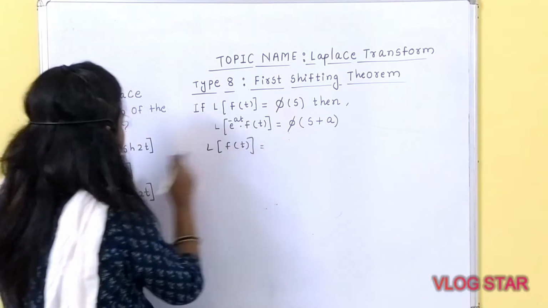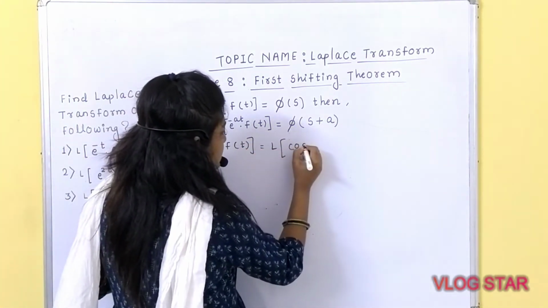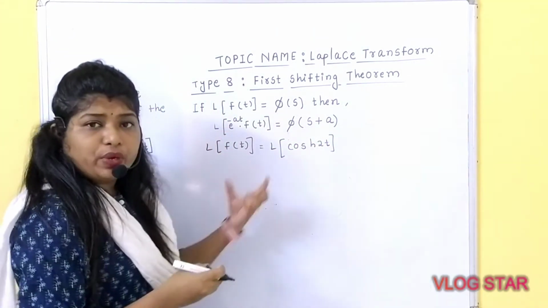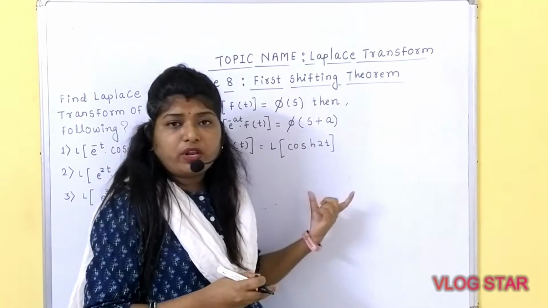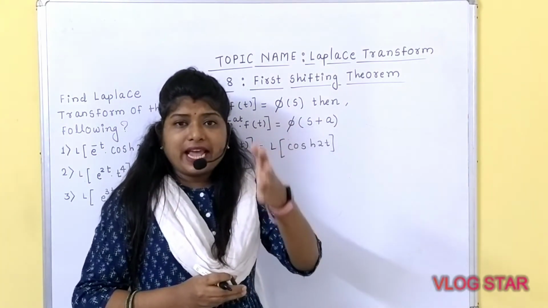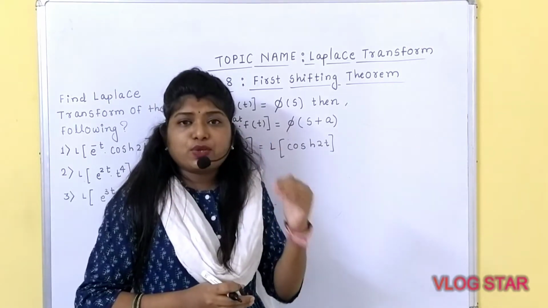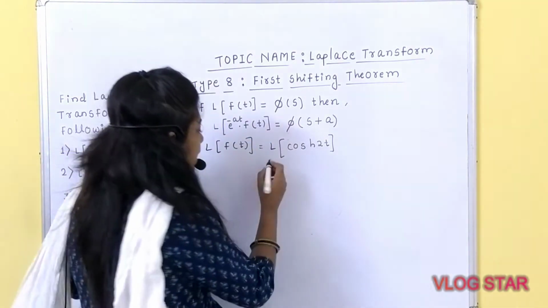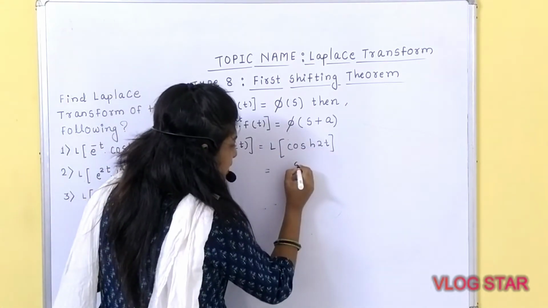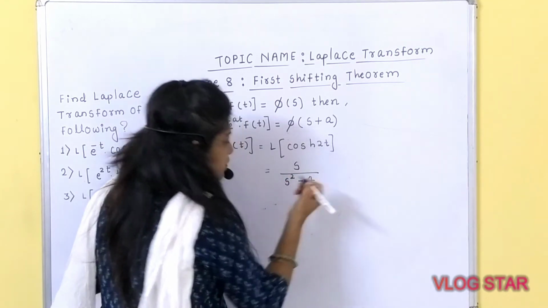So what is f of t? F of t is, in this particular example, cos h 2t. How are you going to calculate Laplace of this function? By using the standard result, Laplace of cos h at is equal to s upon s square minus a square. So here Laplace of cos h 2t is equal to s upon s square minus 4.